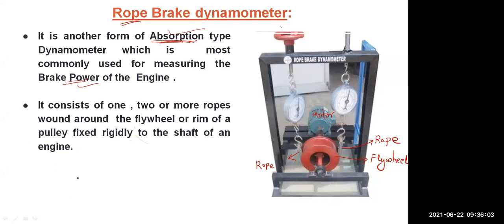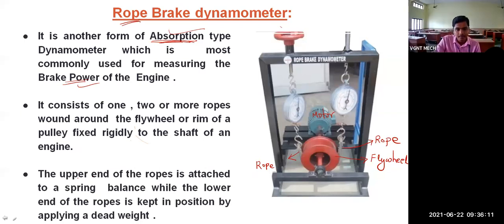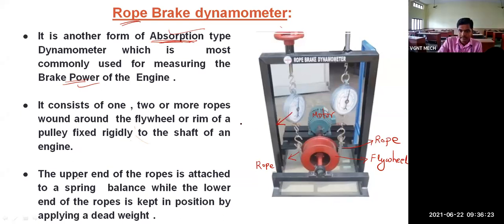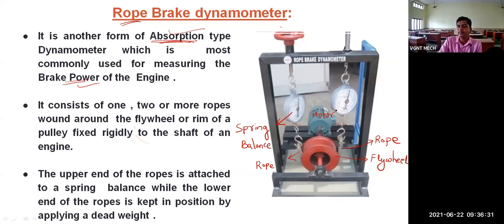Next part is the upper end of the rope is attached to a spring balance. Here you can see in this rope, this is the upper end, and here we have the spring balance. You do not have to draw this diagram.